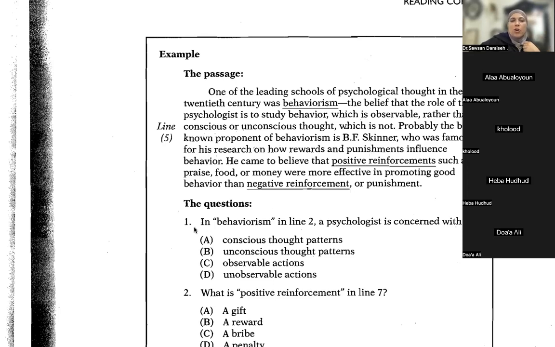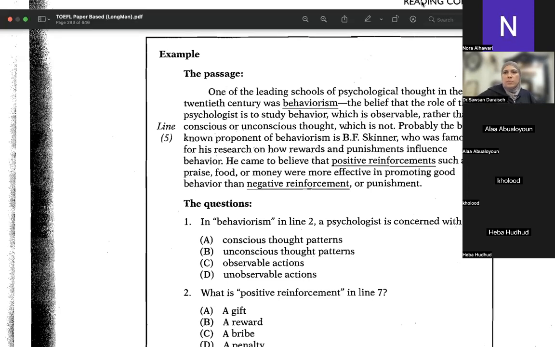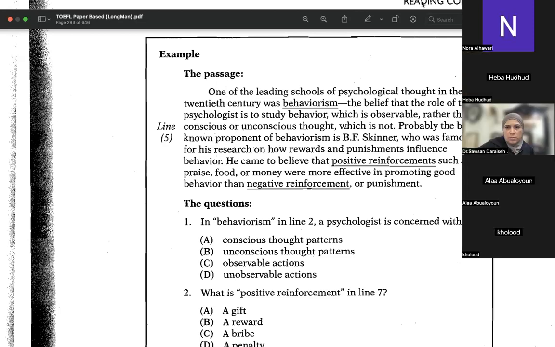All right, let's go for the questions. Now, in behaviorism, this is a school, behaviorism, right? In line 2, a psychologist is concerned with: A. Consciousness thought pattern, B. Unconsciousness thought pattern, C. Observable action, D. Unobservable action.